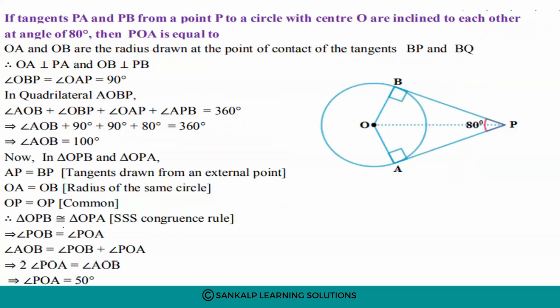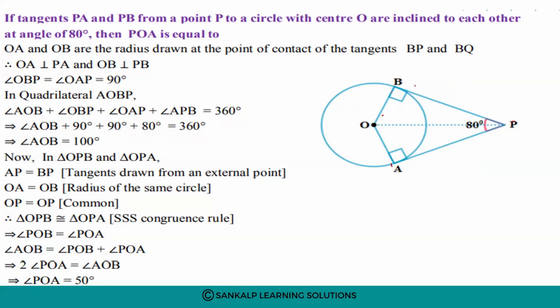Now, the next one. If tangents PA and PB from a point P to a circle with center O are inclined to each other at an angle of 80 degrees, then find angle POA. Here P is an external point, PB and PA are the two tangents, and the center is O. OA and OB are the radii drawn at the points of contact of the tangents.